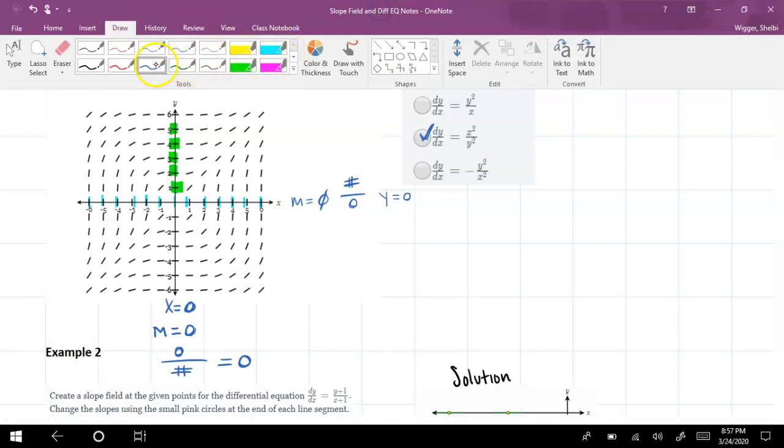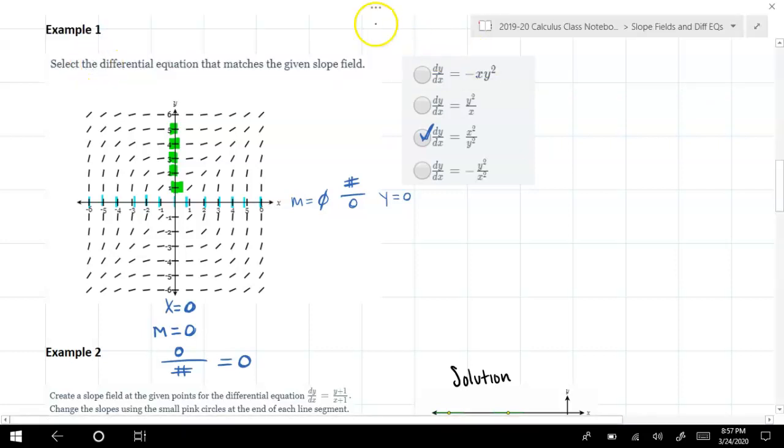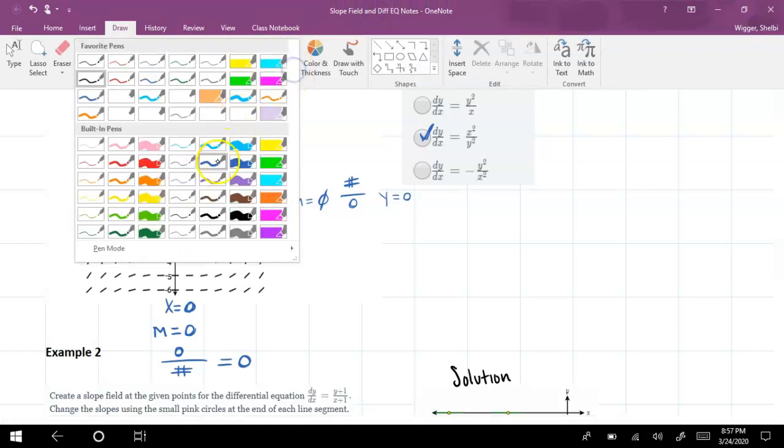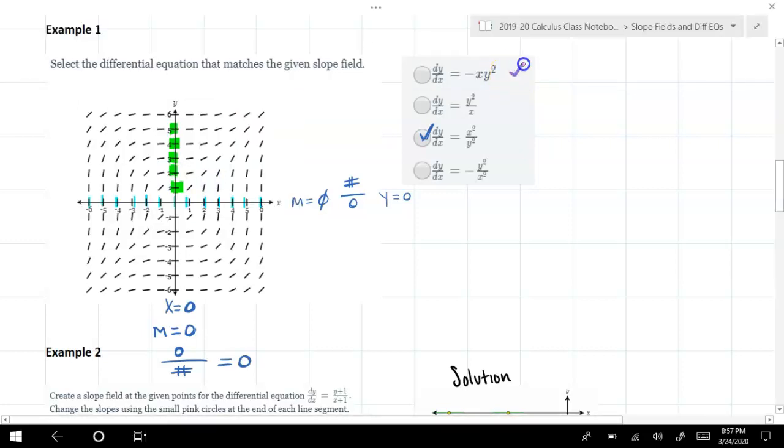Knowing that, the first one would be true, second one would not, the third one would be true. So there we would narrow it down to the 2.